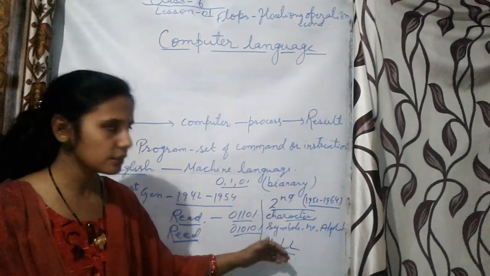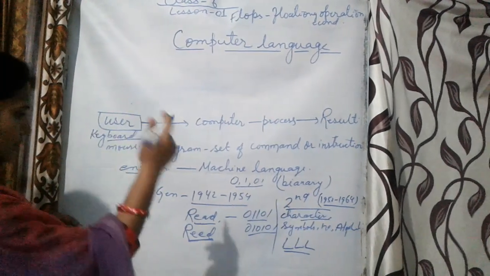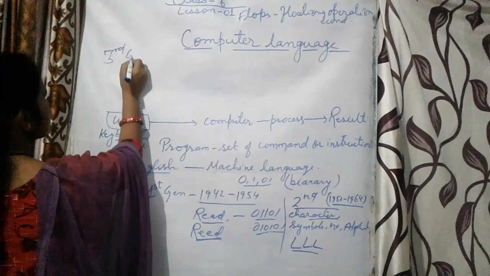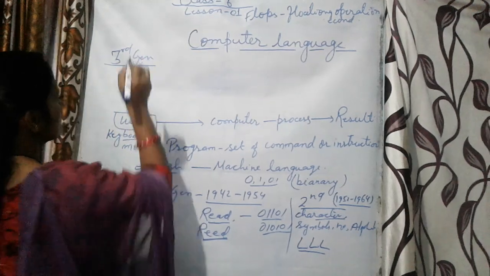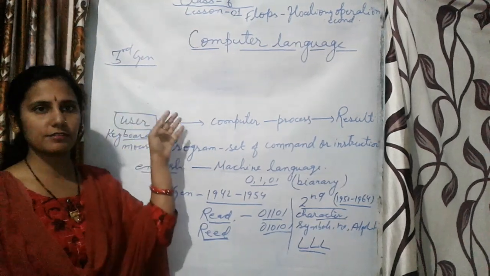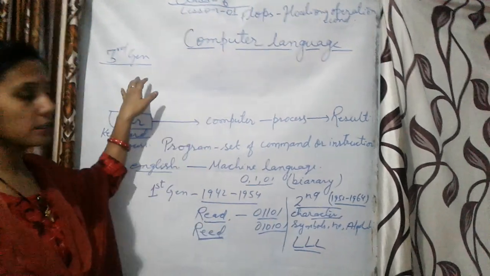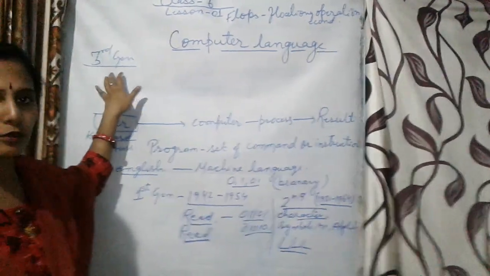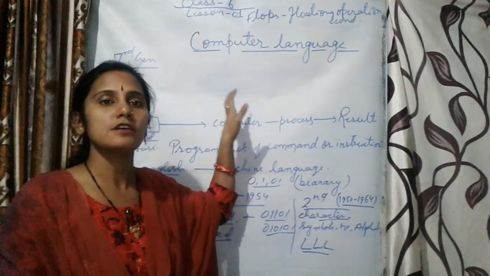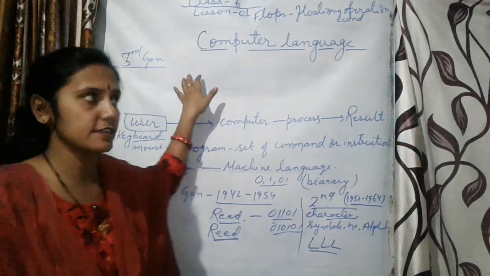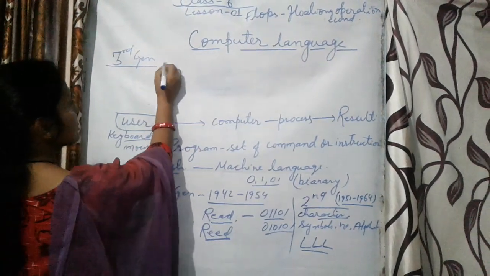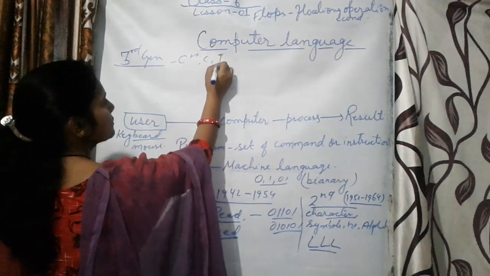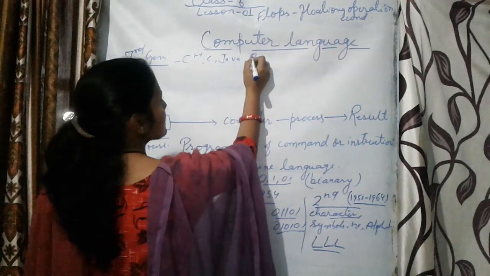After overcoming this problem, let's move on to the third generation language. The third generation language is also called a high level language. That means at this time the programmers started using various languages, like C++, C, Java, QBasic.